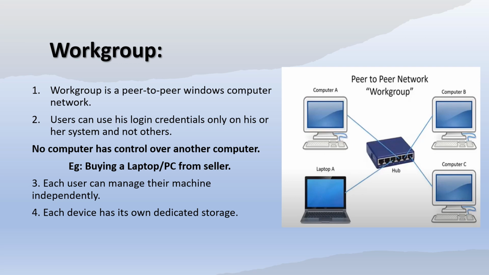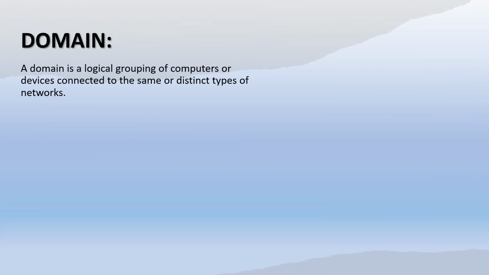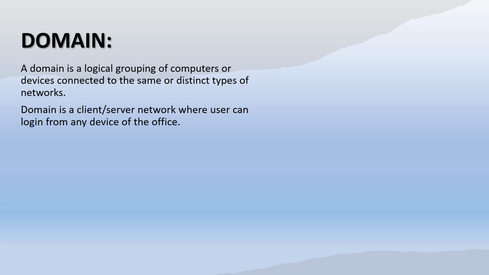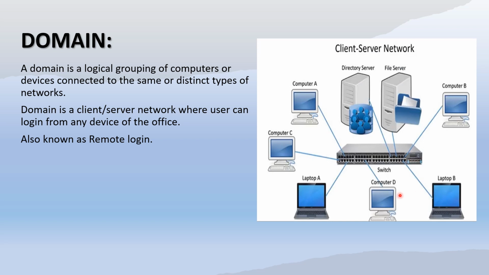Let's see what a domain is. It's a grouping of computers or devices in the same network or different networks. It's like a client-server model where a user can log in on any device at the workspace.